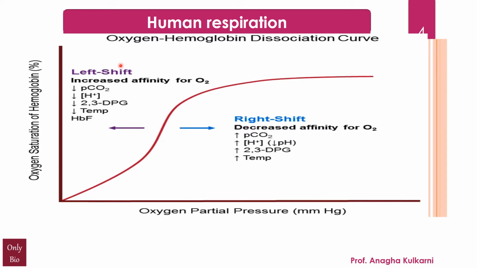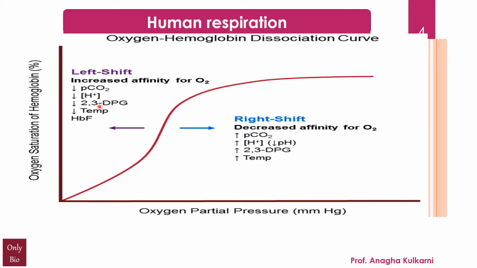If this line had been deflecting here, I would have called it the left shift. But here we can clearly see that this particular part of the line is mainly shifting to the right side. Hence it is called the right shift. And this can happen because of decreased affinity for oxygen, that is when the pH goes down or if the temperature is higher.